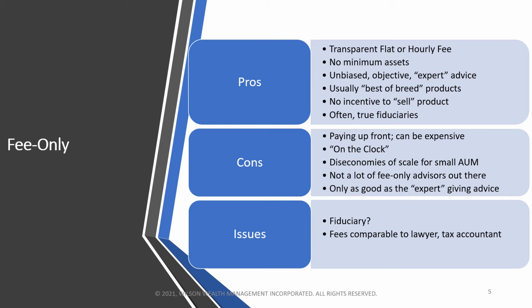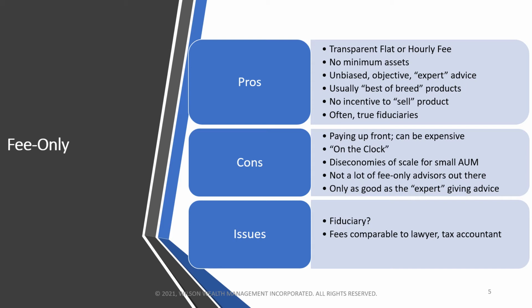Most, if not all, fee-only advisors would do best of breed products. I'm not on the payroll for RBC or Toronto Dominion or Scotia. So I don't care who you bank with personally. You could bank with Questrade, you could bank with RBC, TD, doesn't matter to me. And it doesn't matter what products that we put you in.